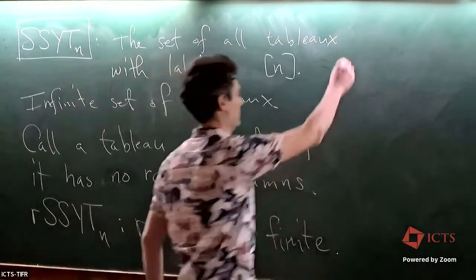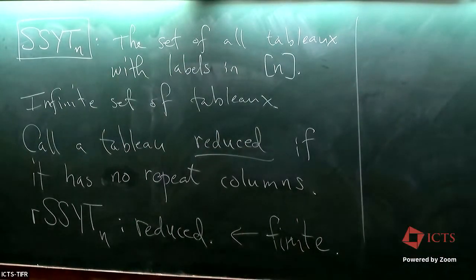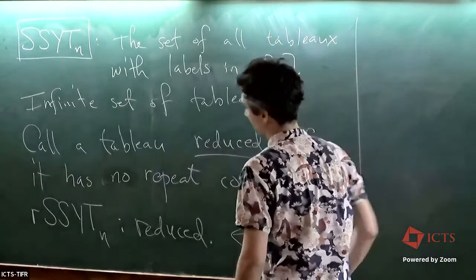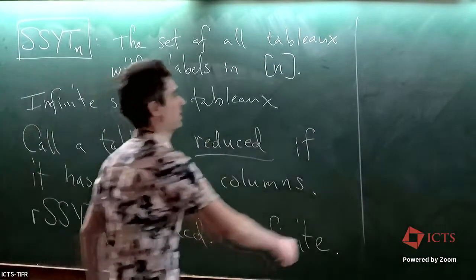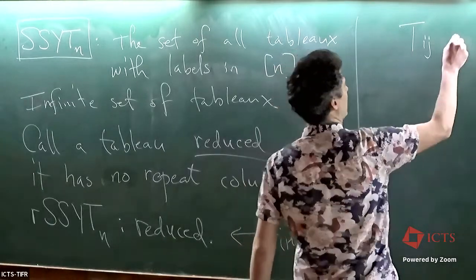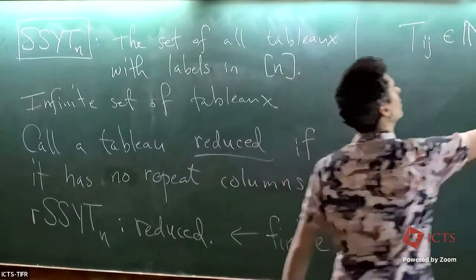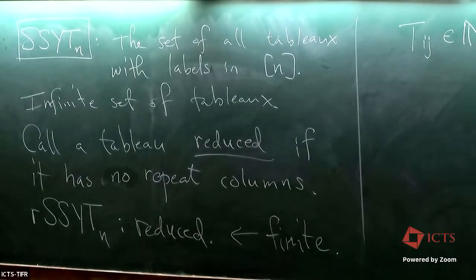The finite set. As I mentioned, columns are very important. I need some notation. It'll be very useful for a tableau. I'll write T sub i, j. That's going to be the natural number in the cell i comma j.